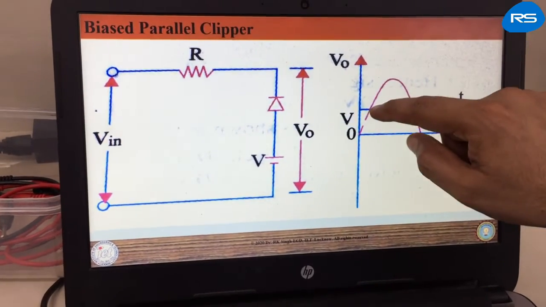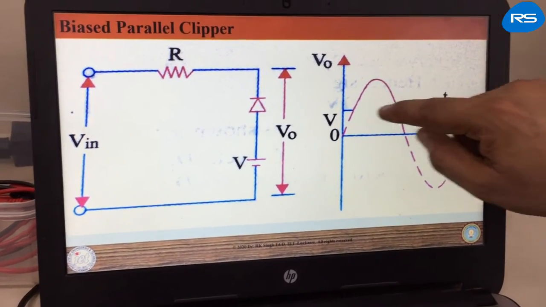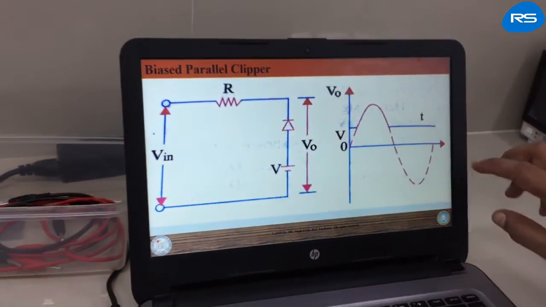So we get a replica of the input in the output.